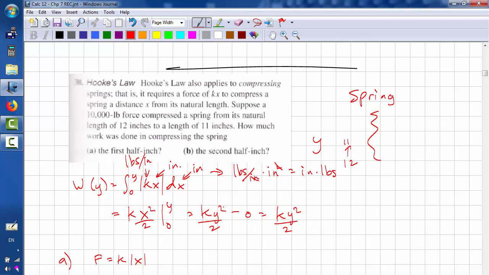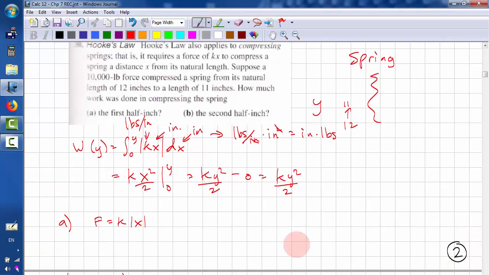And because we're squaring y, we don't need the absolute value. And k will be positive. That's the work equation. Now we have the force equation. And this is the work equation.